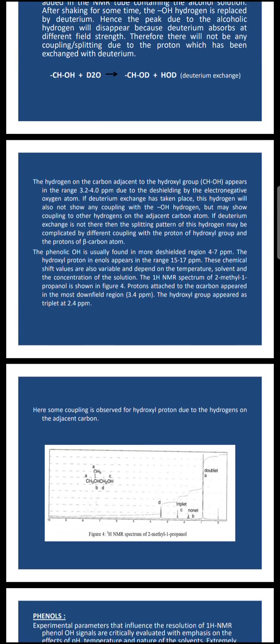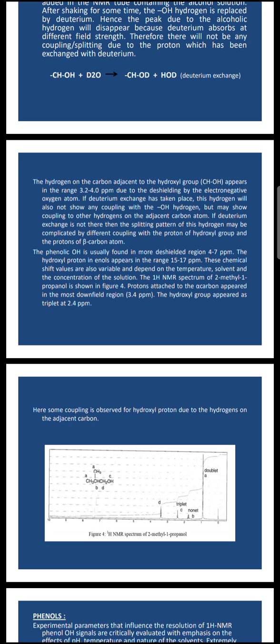The hydrogen on the carbon adjacent to the hydroxyl group, CH-OH, appears in the range 3.2 to 4.0 ppm due to the deshielding by the electronegative oxygen atom.